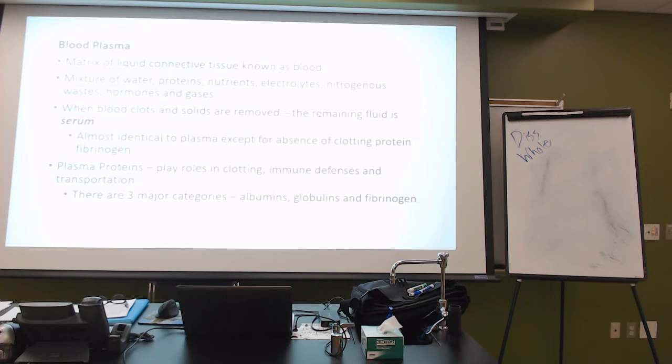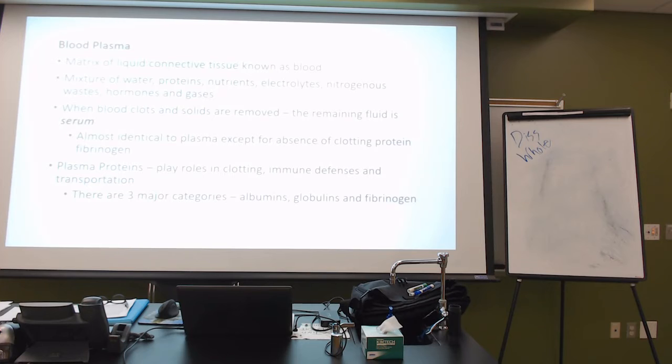There's an organ of our body that has a tremendous blood supply called the liver. And the liver produces a lot of the proteins that are needed in the blood.